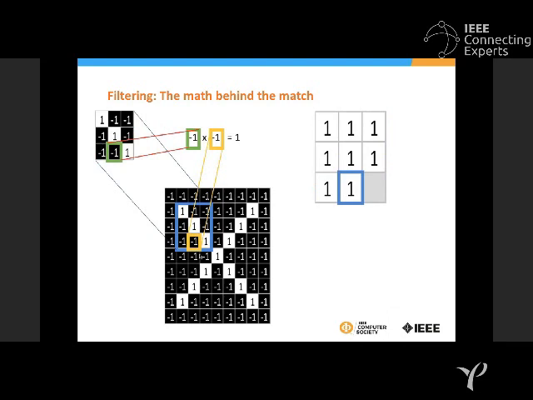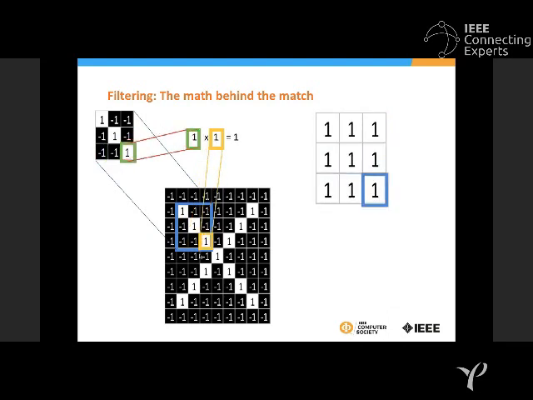If I complete the whole patch, I get a set of values, and these values are easy to read because I can only have -1, 0, and +1, since all the values are either -1 or +1. So combining them, I can only get -1, 0, or +1. And this filter is an exact match with this patch, because you see that the value is maximized.